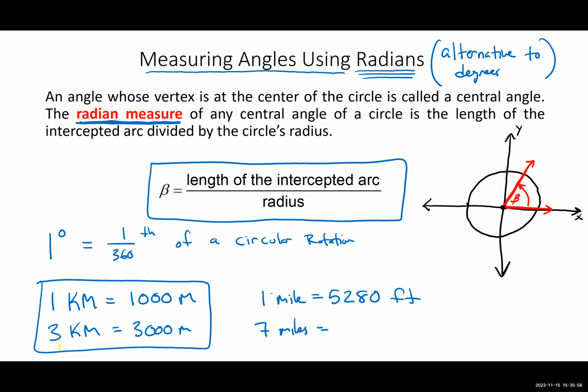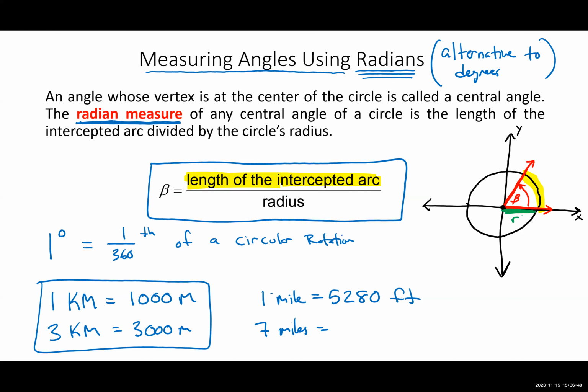Well, the length of the intercepted arc. So let me do some highlighting here. The length of the intercepted arc is this portion of the circle that I just highlighted yellow. That is the arc. We call that a piece of a circle an arc. And the radius of a circle is this green line right here, the distance from the center to the circle.